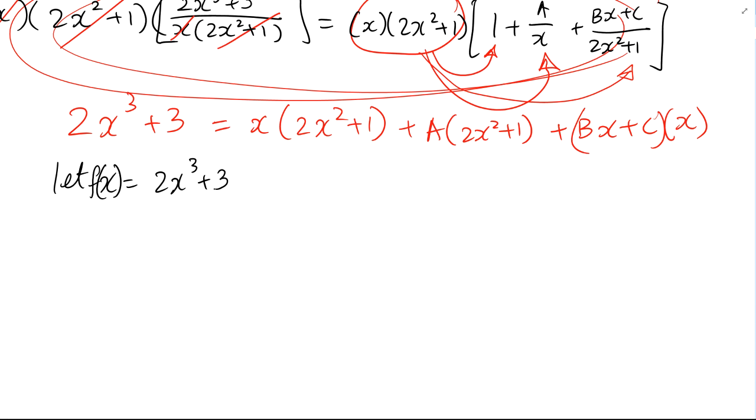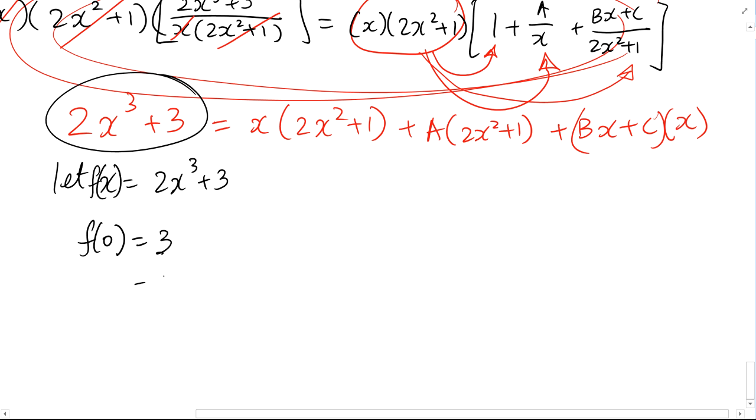Can 2x squared plus 1 equal 0? No, 2x squared plus 1 is always equal to 1 or greater than 1. So what else? x equals 0. Let's try. f(0) equals, on the left hand side, 3. At the same time, it is also equal to, on the right, A times 1. So A equals 3.